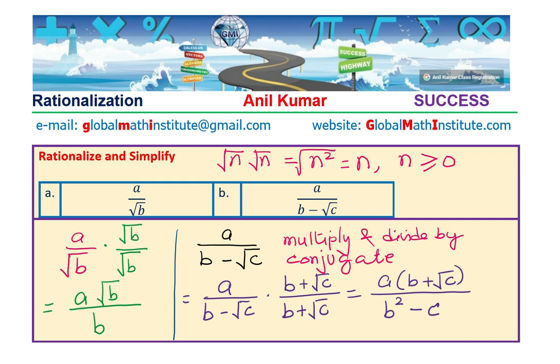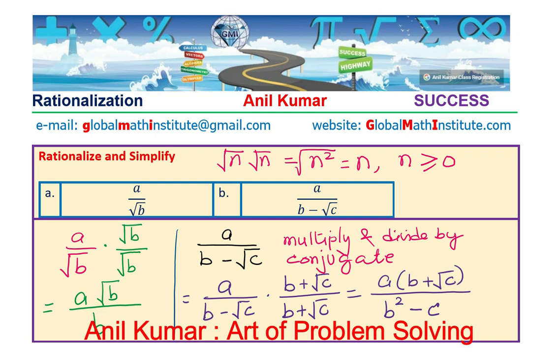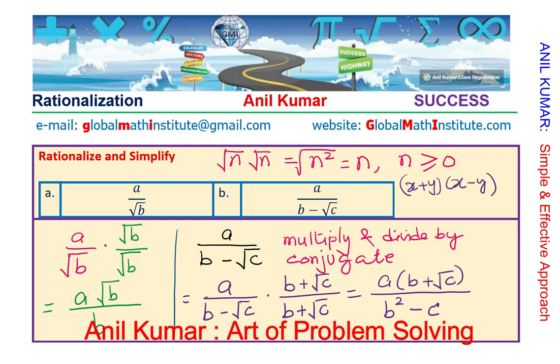Get the whole idea. So the concept here is that, let me write general terms, x plus y times x minus y is equal to x square minus y square. You get the whole idea. So you get b square minus square root c square, which is c. Perfect. So I hope the concept is clear.